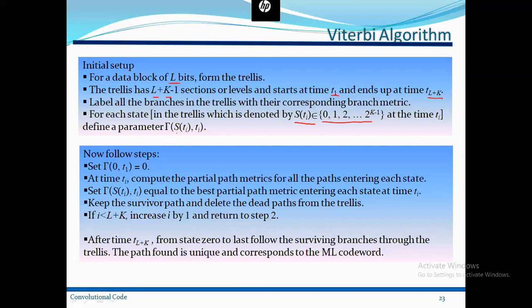We calculate the distance for these paths at each time Ti. For example, initially we have computed 0 for the 0 0 state, and that is the time T1, and we keep moving onward by calculating the path distance.